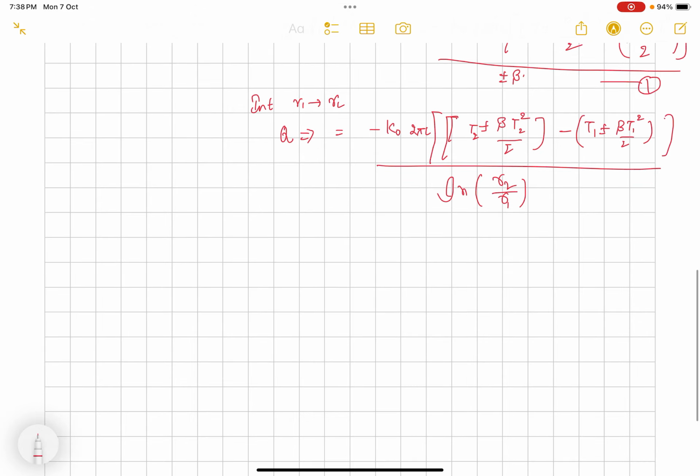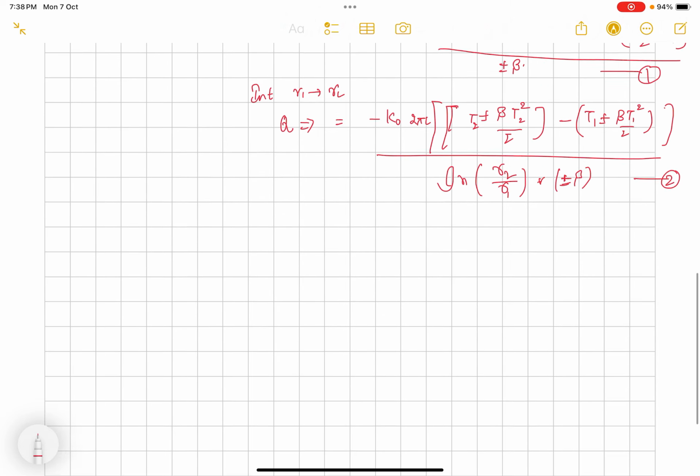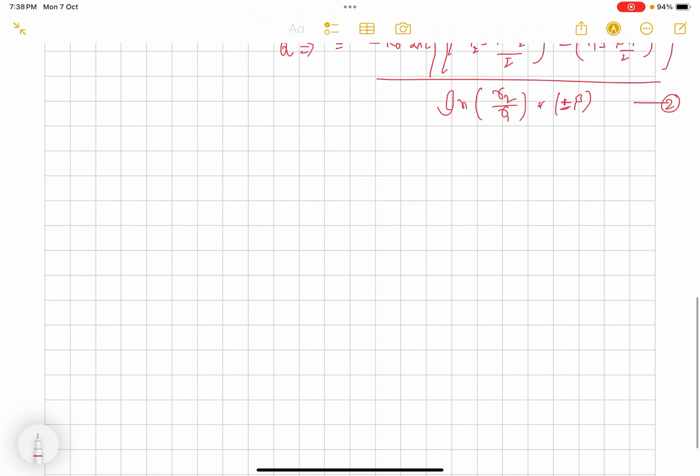So dividing 1 and 2, we can have the temperature distribution if we rearrange. You can take it as an exercise.